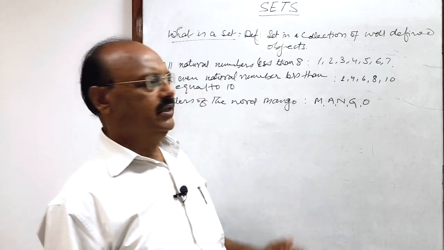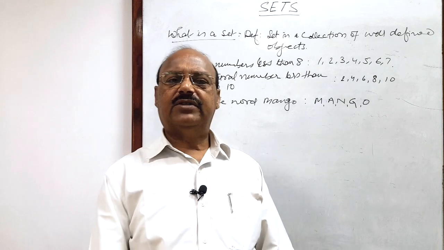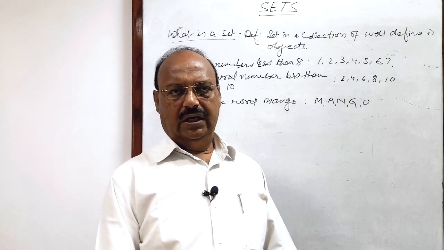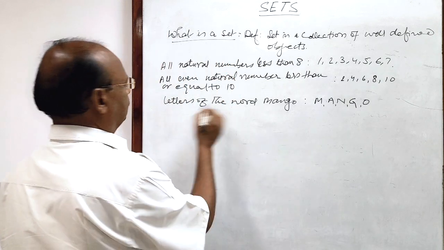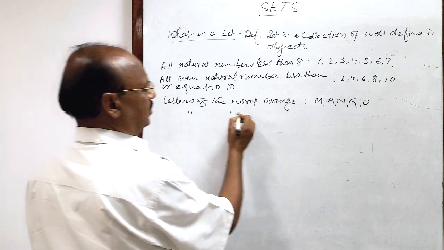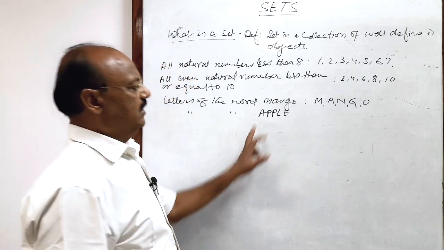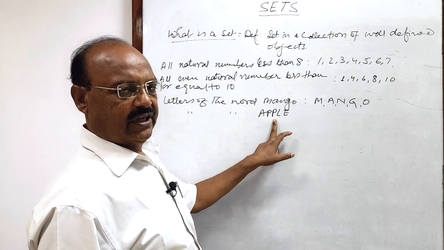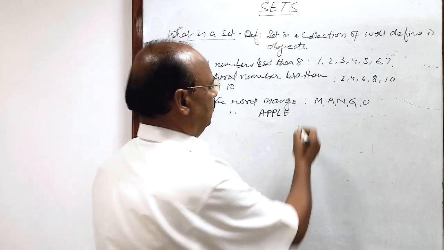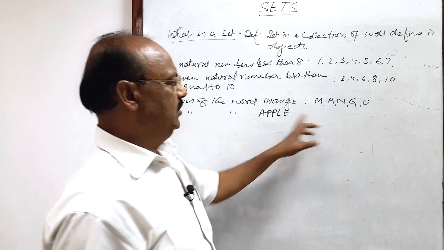But in a set, any object will not be repeated. Suppose we have to write the letters of the word apple. Then you see here that p is repeated. Apple is written with p twice, but we should not write it 2 times.